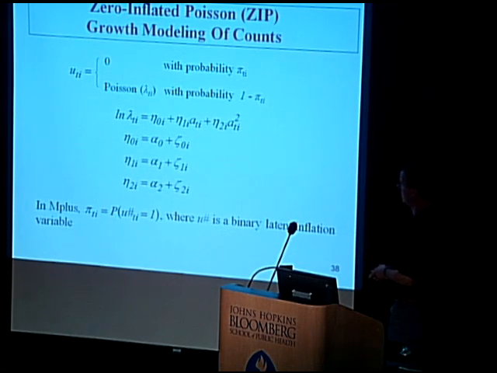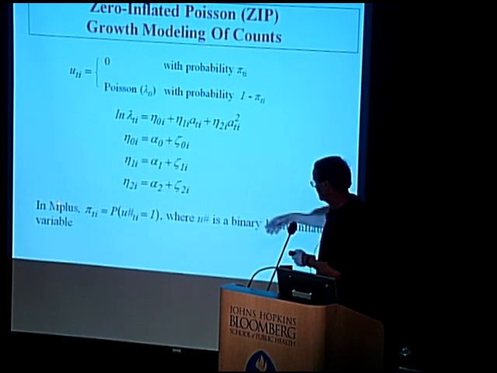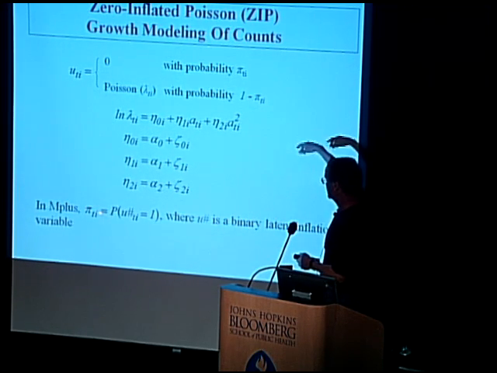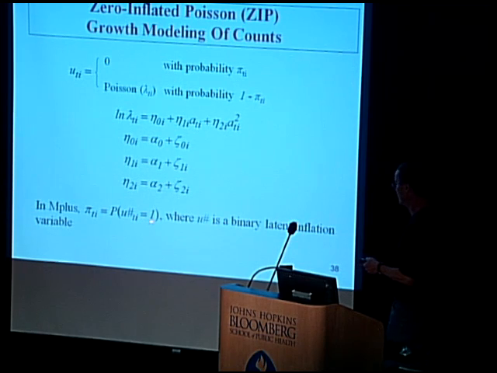And it may be good to note, it's described in the user's guide that you have on the website, that the probability of being in a 0 class is denoted as the probability of the u# variable being 1, where u# is a binary latent inflation variable. So that's why I showed it as a circle before in that picture.